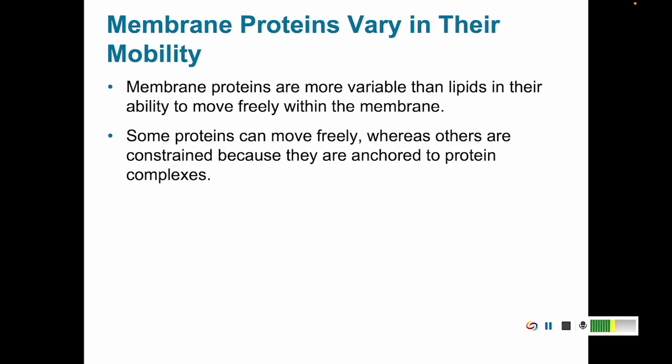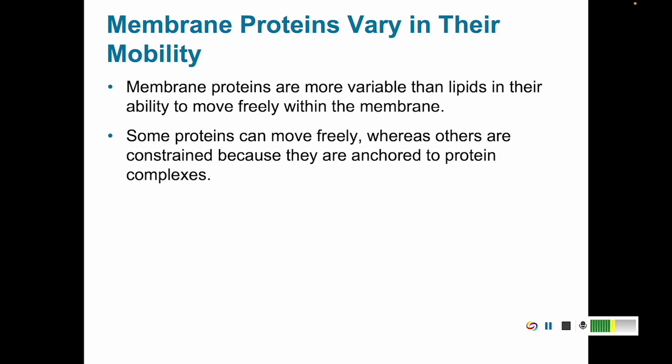Also, we saw earlier how lipids are very mobile. We saw the experiment with photobleaching where lipids move really quickly and freely throughout the membrane. But a lot of proteins are more constrained. A lot of proteins are going to be connected into larger protein complexes.